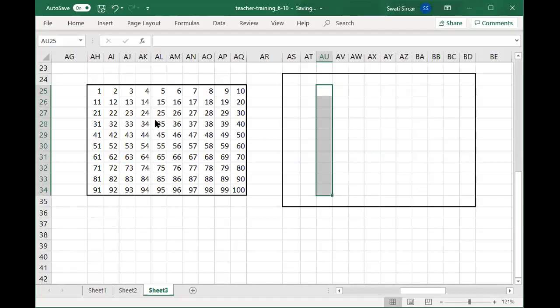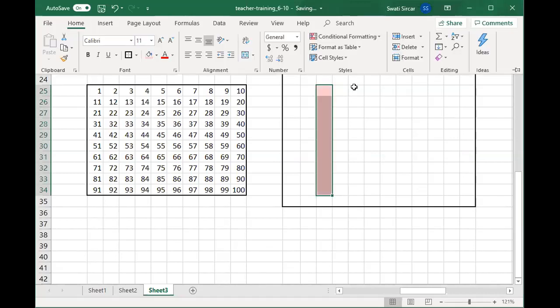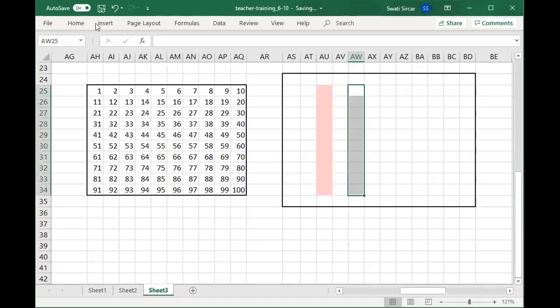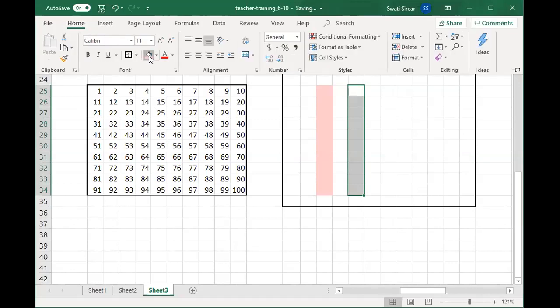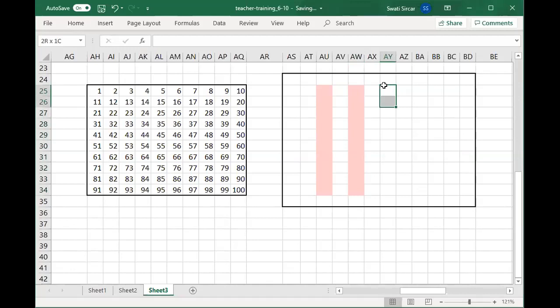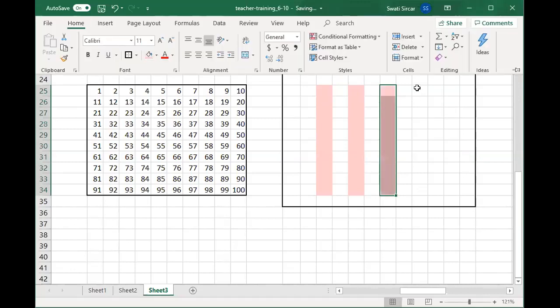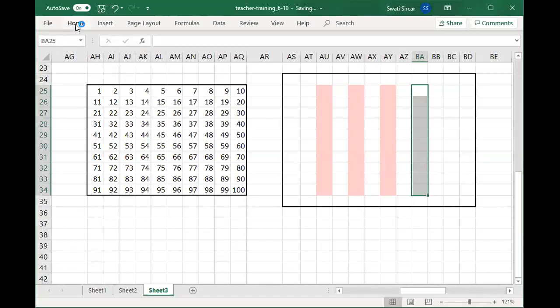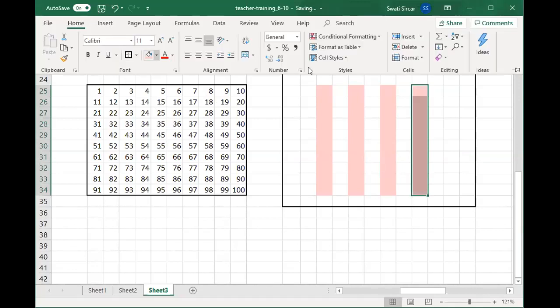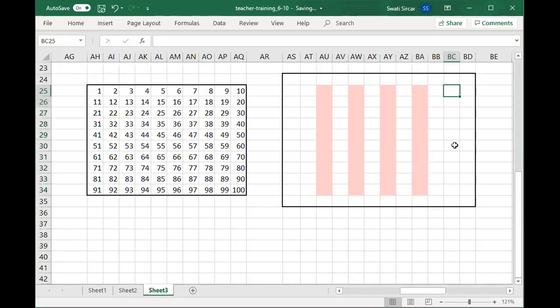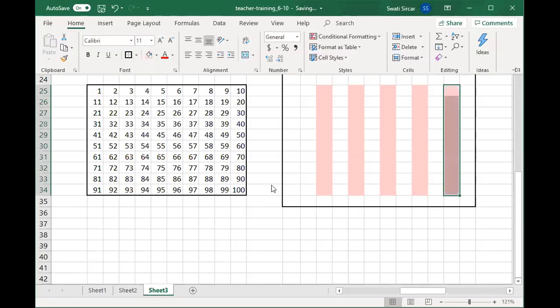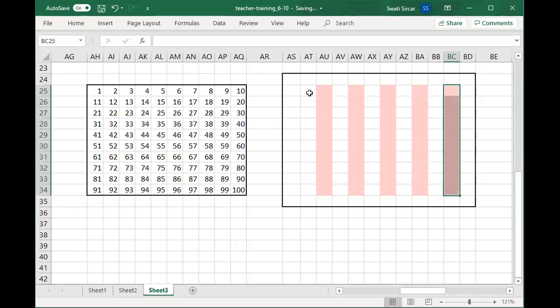Okay, so the pink parts are what you remove.